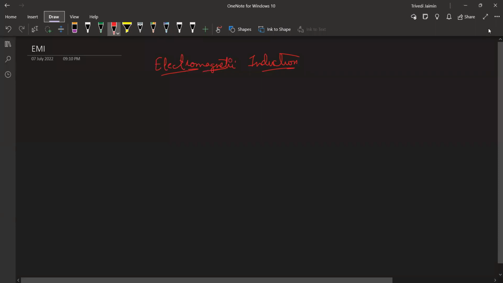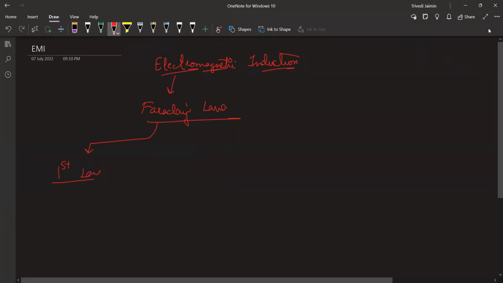Okay, in electromagnetic induction, first thing we are going to discuss is Faraday's law. In that, let's have one roundup of this chapter, then we can start. First law.